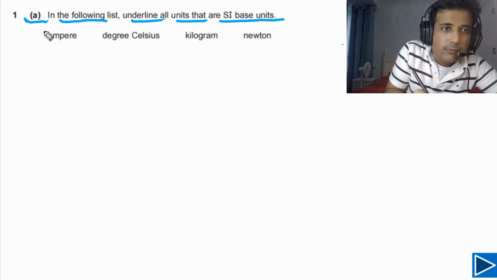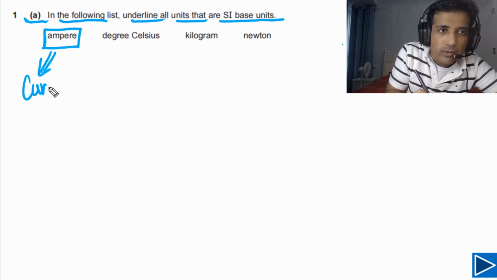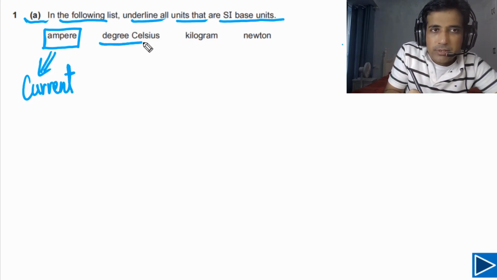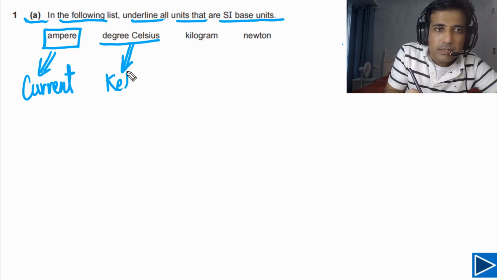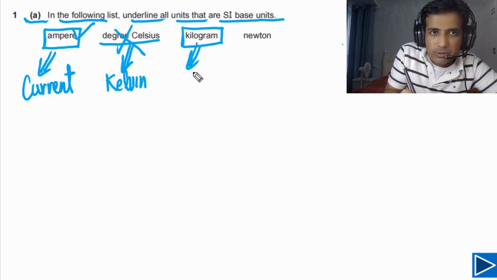If you look at the first one, ampere, this is an SI base unit because this one is the unit of current and current is an SI base quantity. Degrees Celsius, this is not an SI base unit. Kelvin is an SI base unit. Kilogram, this is an SI base unit because this is the unit of mass.